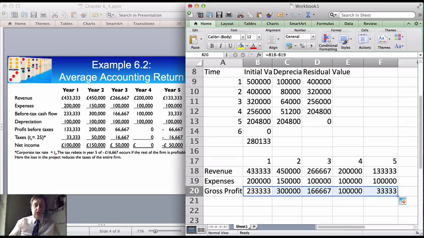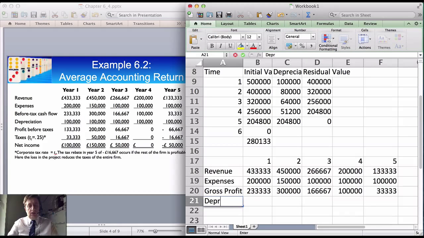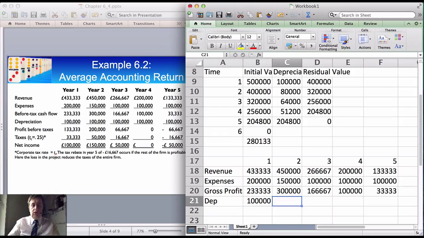Well, what we're changing is the actual depreciation, and this is where we'll write the depreciation now. It's the annual depreciation we're going to use.